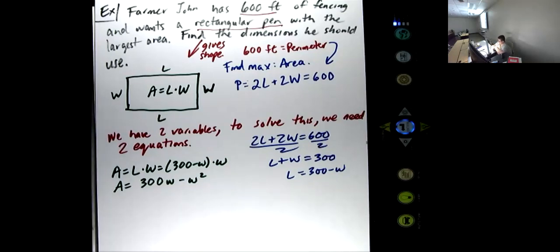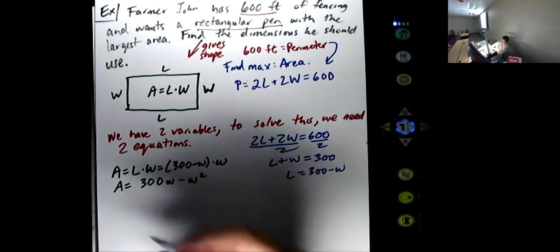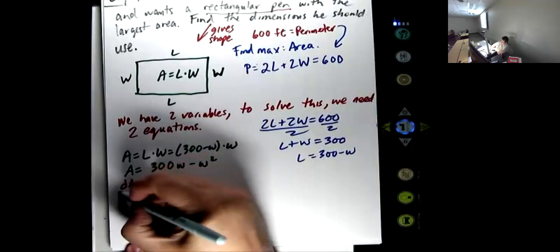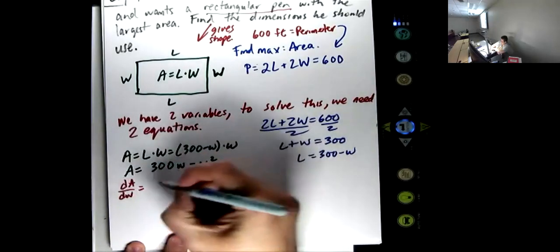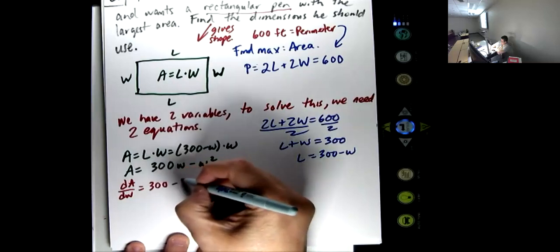So we can take dA/dW, which is 300 minus 2W.